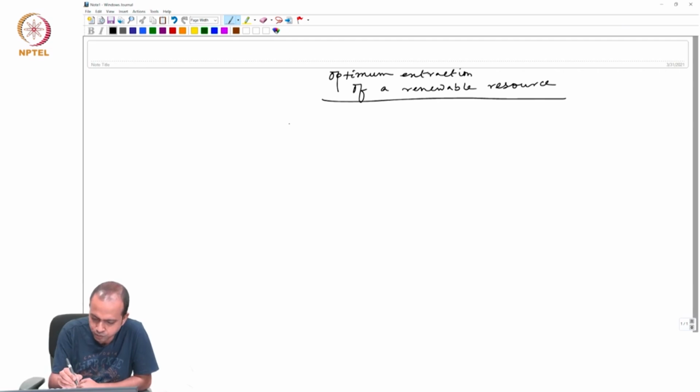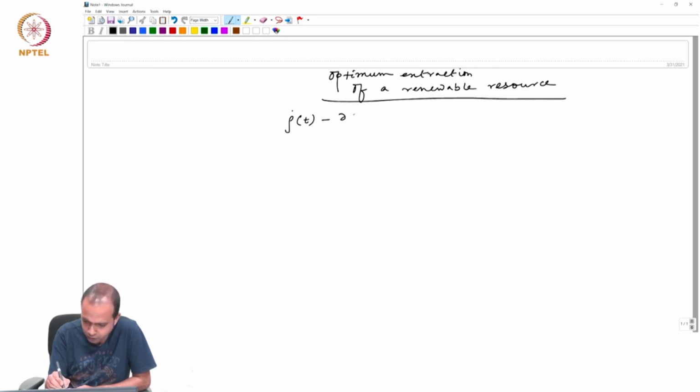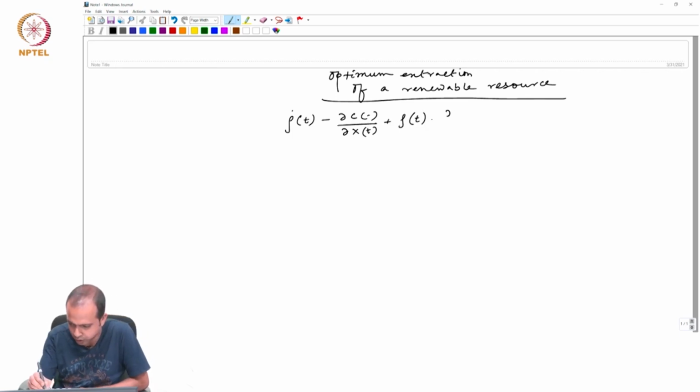The last condition, if you remember, we derived was: rho dot t equals to rho dot t minus del c dot del xt plus rho t into del g dot del xt equals to r into rho t.